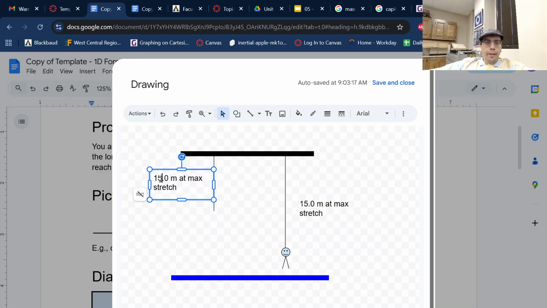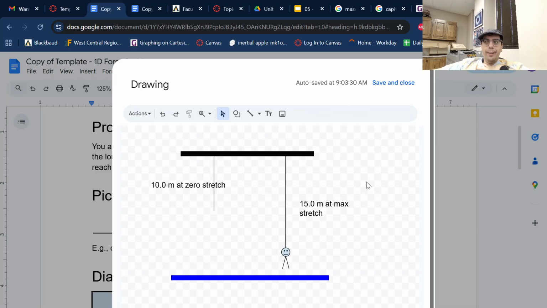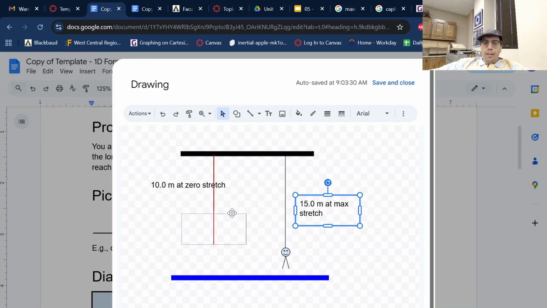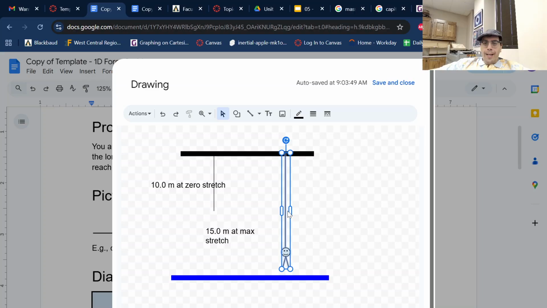And 10 meters at zero stretch. I guess I don't really need an intermediate figure. Oh, I do, however, need... Actually, a way I'm going to give you a necessary piece of information is to have one more intermediate figure, which is when you're at the end.